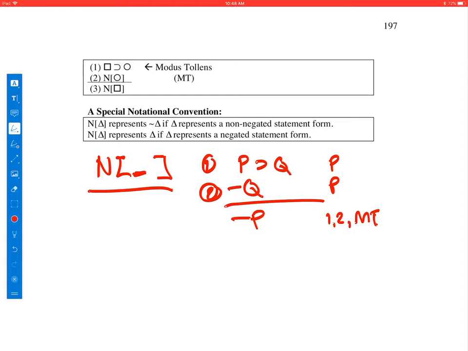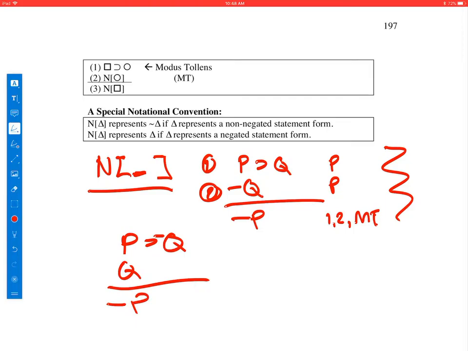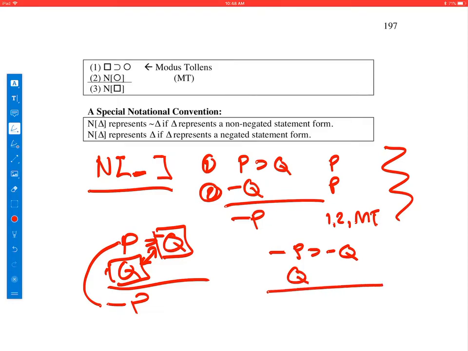So, this is an instance of modus tollens, but so would this: not Q, Q, not P. So this is a Q, this is a not Q, they're opposites, so we get the opposite of P. Or if we had not P, then not Q, Q, we would get, since these are opposites, the opposite of not P, which would be P. Okay? That's modus tollens.